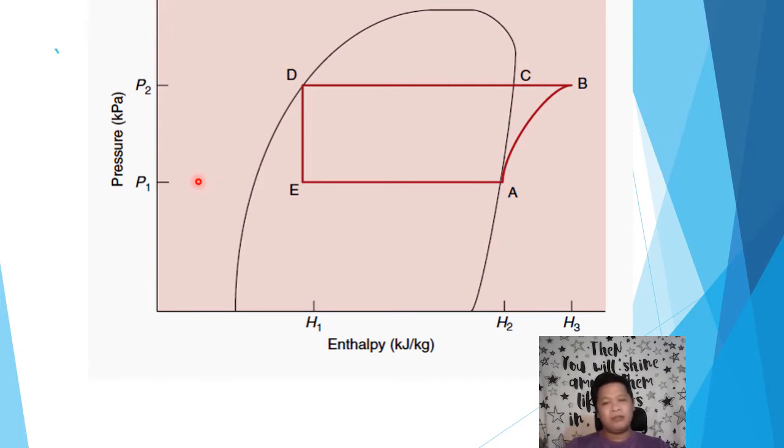And then as you evaporate the gas, you have in this case no increase in pressure, but an increase in enthalpy and no increase in temperature as well. Okay, and the cycle repeats itself. So take note that we have three enthalpy values of importance.